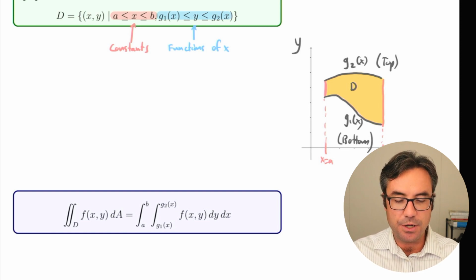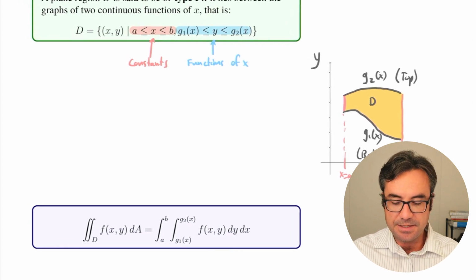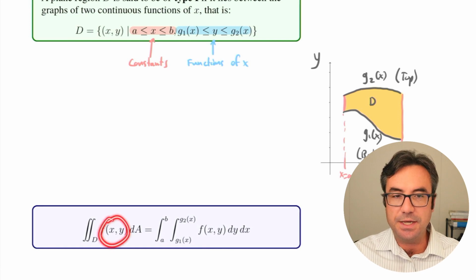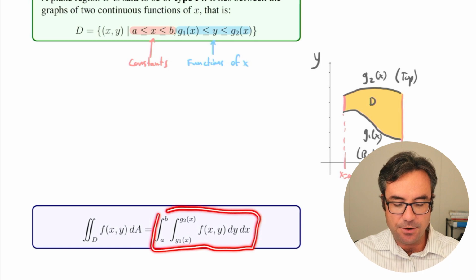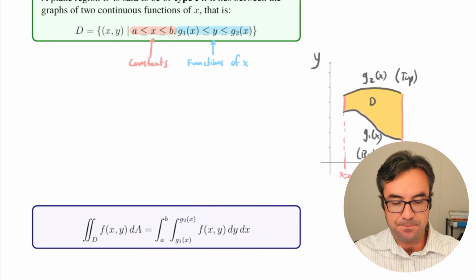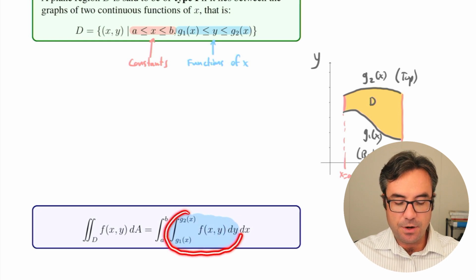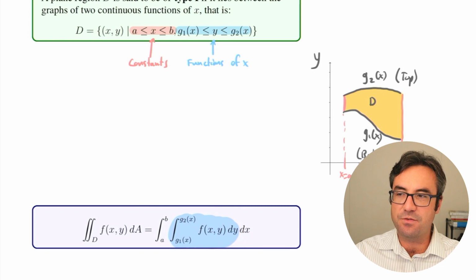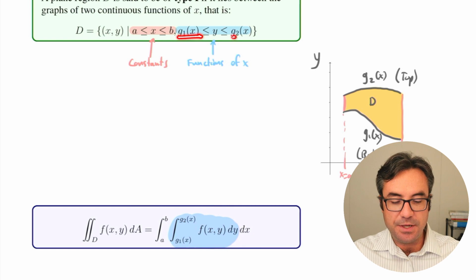And so how we're going to calculate our double integral is that if our function is continuous on the region D, we're able to write it as an iterated integral, where the inside integral, when we set up the inner integral for this iterated version, we're going to be integrating between these two functions.